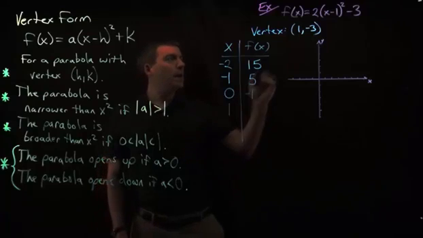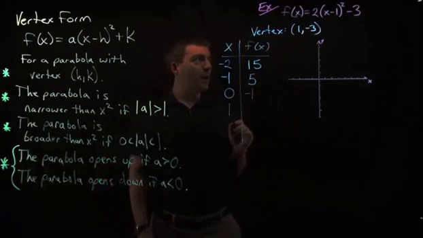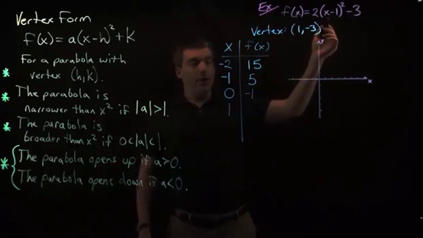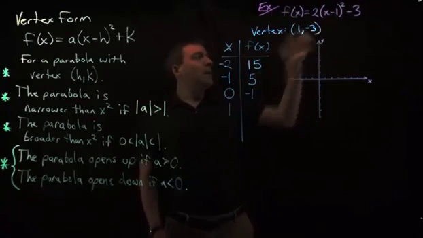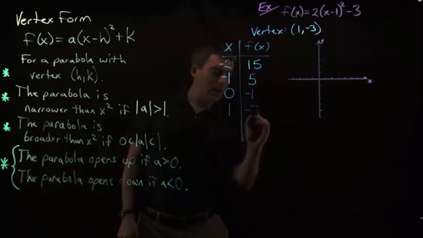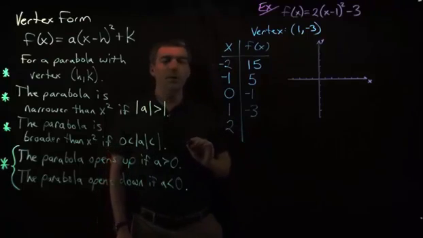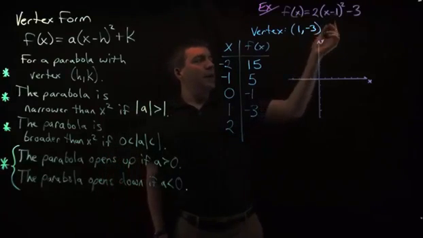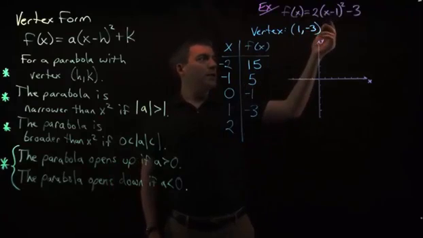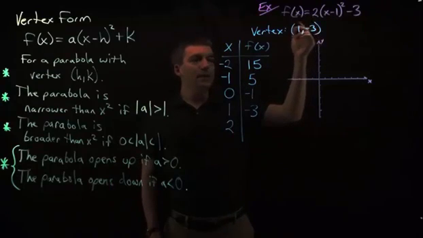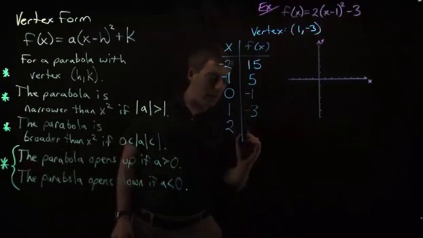So move on to 1. 1 minus 1 is 0. 0 squared is 0. 0 times 2 is 0. So negative 3. Let's look at 2. 2 minus 1 is 1. 1 squared is 1. Times 2 is 2. 2 minus 3 is negative 1.